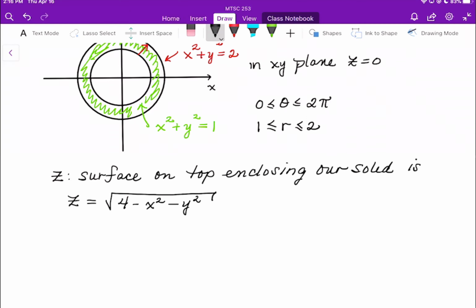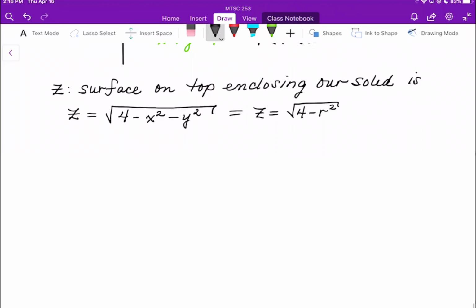So I can very nicely make that z equal the square root of 4 minus r squared. And this becomes such a nice integral.